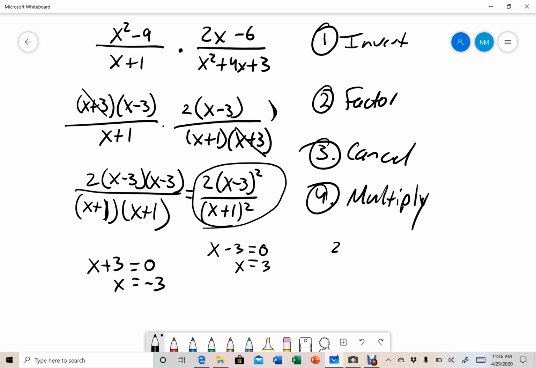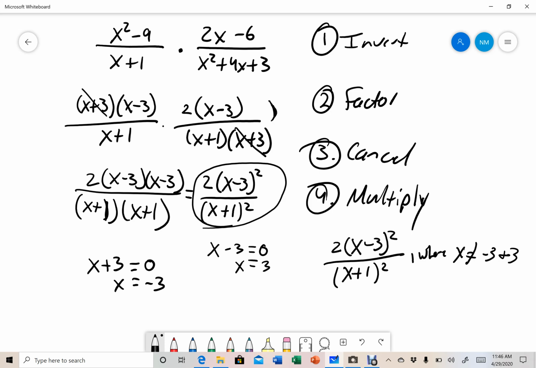So then my answer would be 2 times x minus 3 squared over x plus 1 squared, where x does not equal negative 3 and 3, okay? Again, let me explain this.